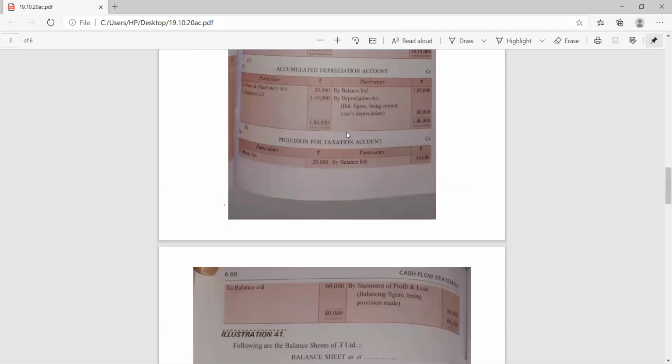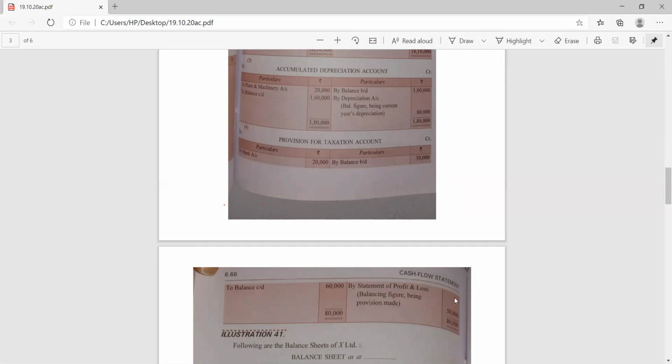Here, a provision for taxation account, that is floating on the screen, is to be prepared. As the provision for taxation account is an account related to provision for taxation liability, first of all the opening balance is to be shown on the credit side. Then the closing balance is to be shown on the debit side. Here the tax paid, that is 20,000 given in the adjustment, is to be posted over here to bank account.